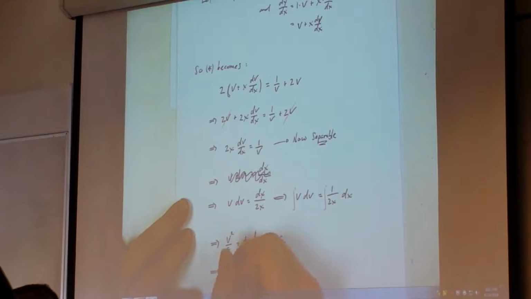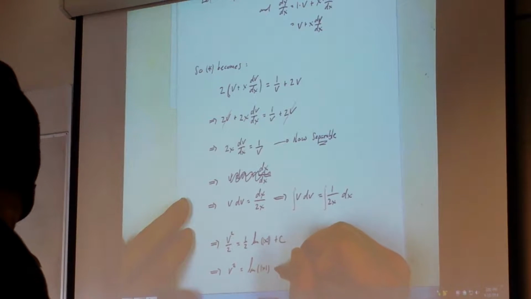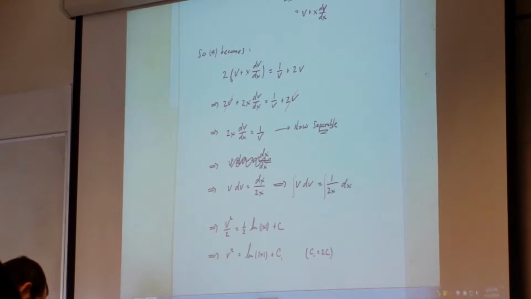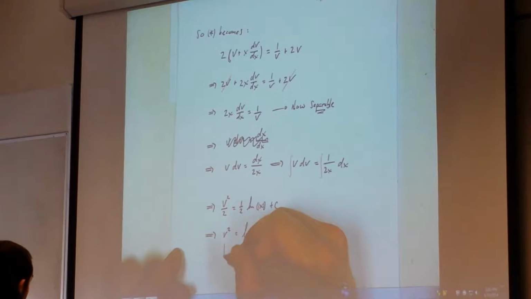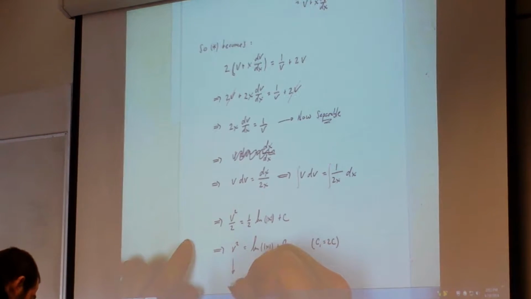So you get v squared equals natural log x plus, I'm going to call it c1, where c1 is just equal to 2 times whatever c is. Now we've almost got this, except that hiding behind v, we did a substitution. V is equivalent to y over x.